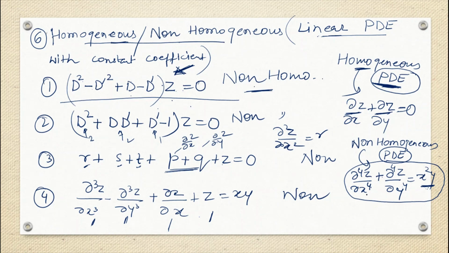The order of the first term's derivative is 4, and here also the order is 4. So these two terms have partial derivatives of the same order, and on the right hand side I'm just saying there is some function f(x, y). So this will be my homogeneous linear PDE with constant coefficient.